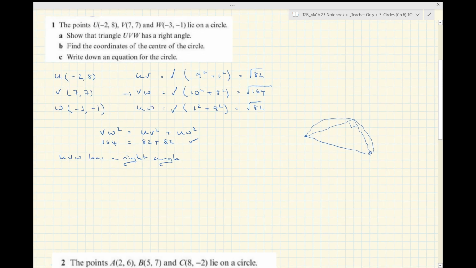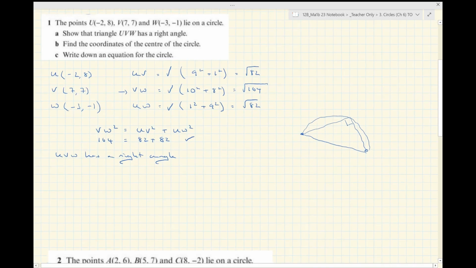So the centre of the circle is going to be the midpoint of V, which is 7, 7, and W, which is minus 3, minus 1. To find the midpoint, I add the coordinates and divide by 2. So that's 4 divided by 2 is 2, and 6 divided by 2 is 3. So that is the centre of the circle.